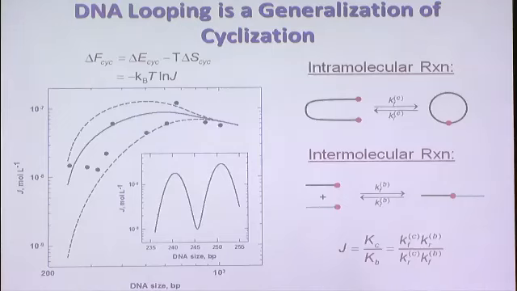This is actually work done by Shore and Baldwin in the early 80s. And when they first published these experiments, they had a set of data points that sort of scattered around the graph. There really weren't any smooth curves to fit to the data because there weren't any theories available at the time that were comprehensive descriptions of the thermodynamics of cyclization.